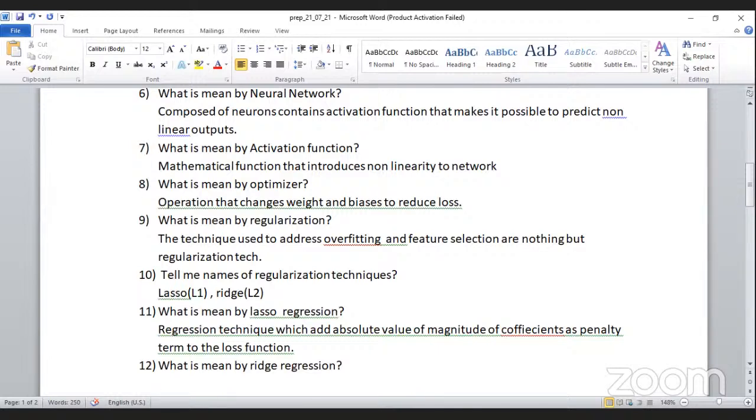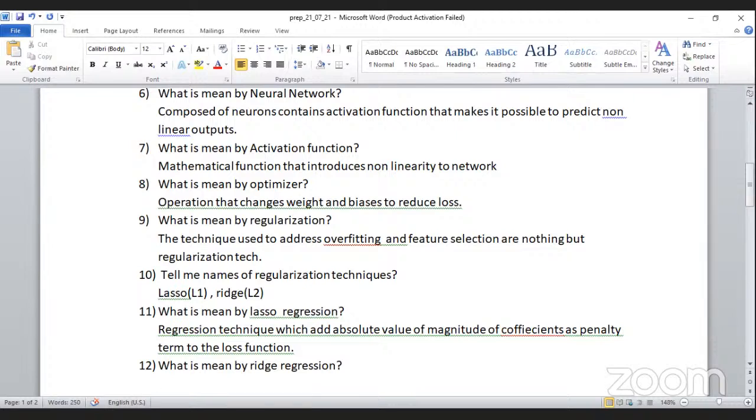By looking at the definition of lasso, you can frame the definition of ridge with some changes.